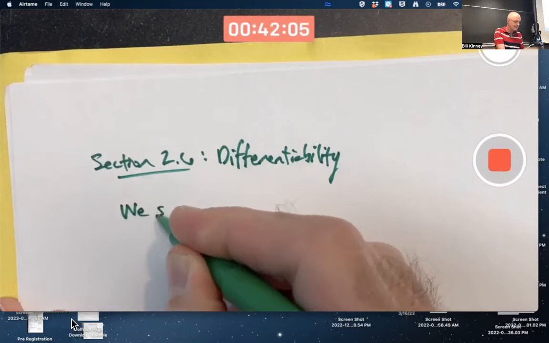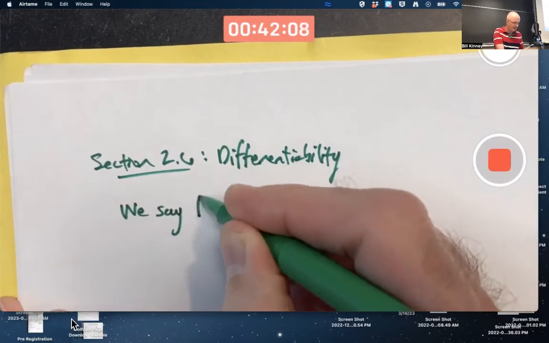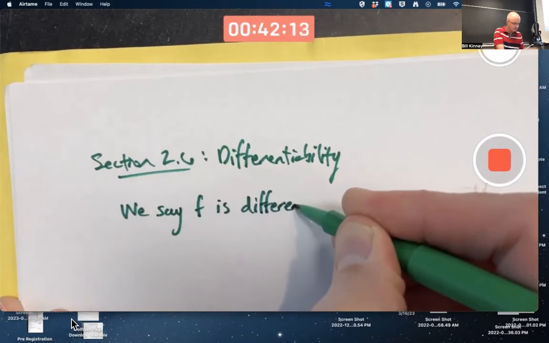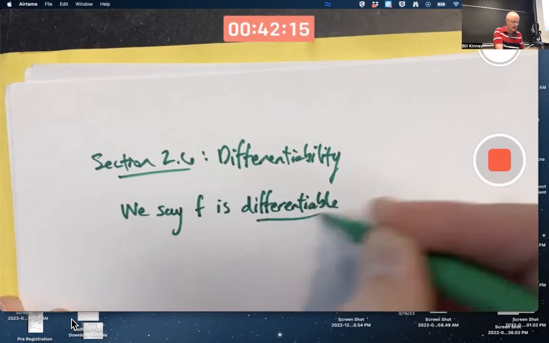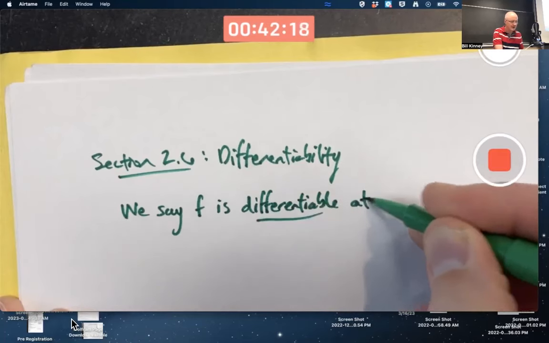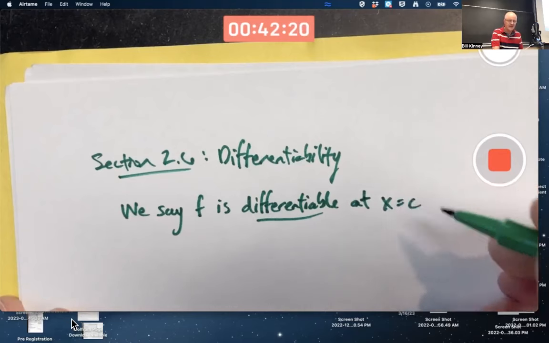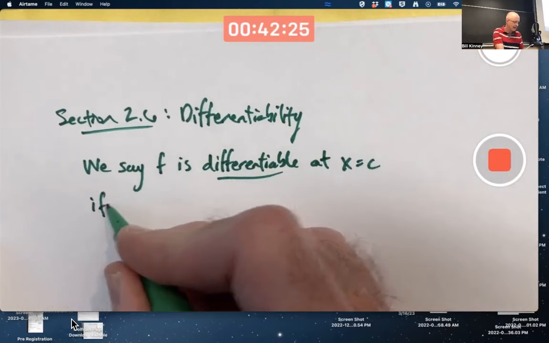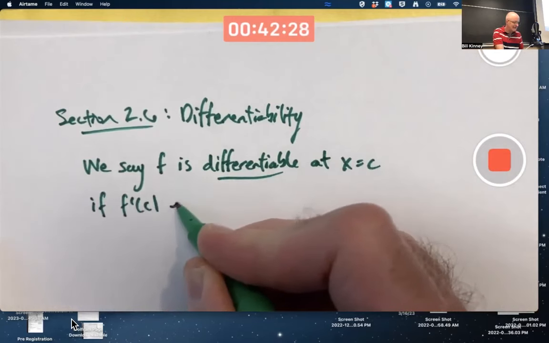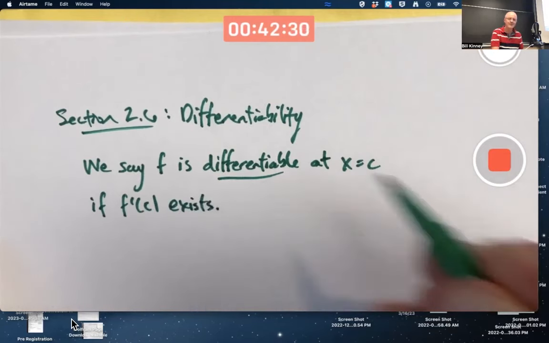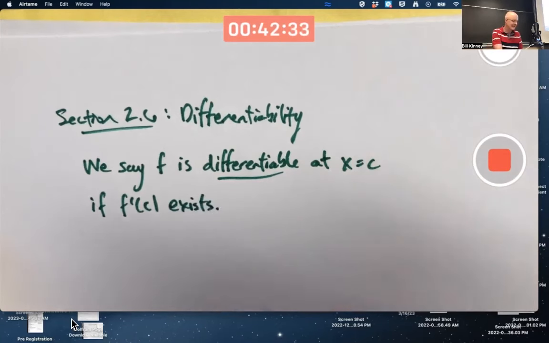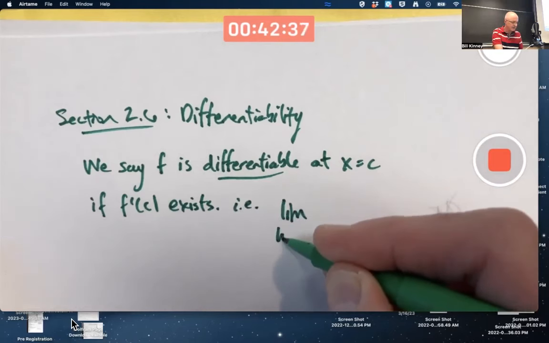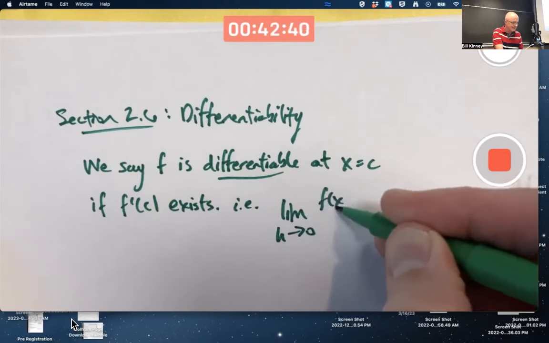We say that a function f is differentiable at some number x equals c, or a is another common letter to use here, if f prime of c exists, the derivative at c exists, i.e., the limit defining the derivative exists.